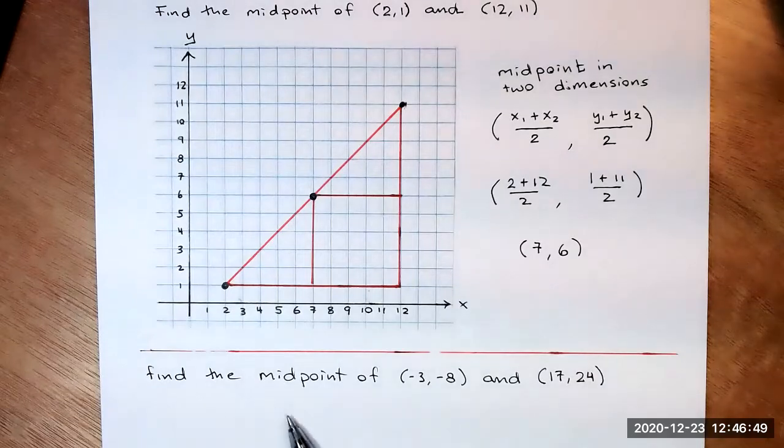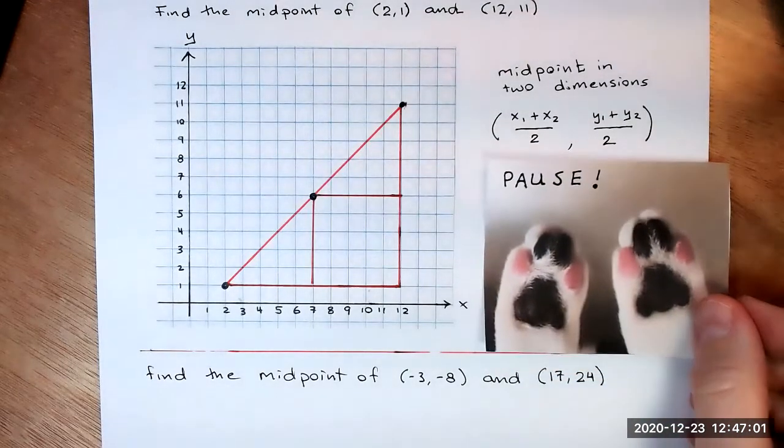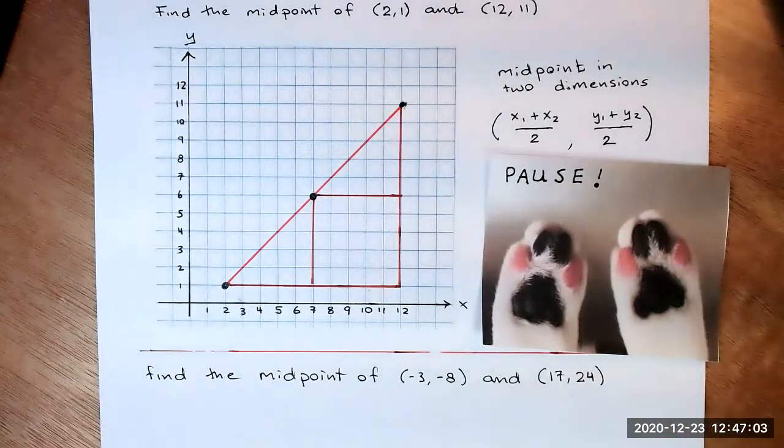All right, let's have you try an example on your own. So can you find the midpoint of -3, -8, and 17, 24? And if I were you, I would hit the pause button and try that on your own.